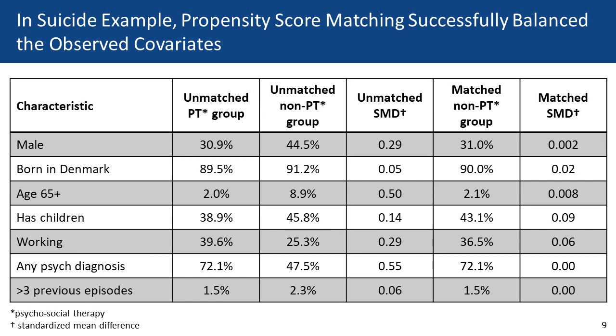We had 6,000 in the therapy group, and for each of them, we picked 3 comparison subjects. So these matched columns are calculated using the 6,000 therapy group members and their 18,000 matches. We see in the final column that the standardized mean differences are tiny for all of these, a sign that we have done a good job at making the groups look similar to one another. I'll particularly highlight that the 2 bottom rows both have an SMD of 0 because these were the 2 variables that we required an exact match on. So by construction, these match perfectly in our treatment group and our matched comparison group.